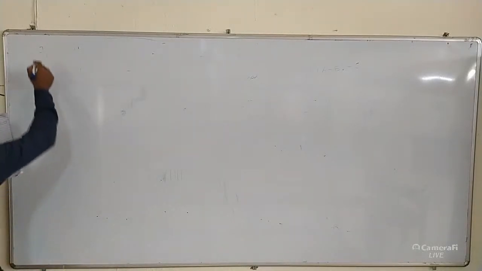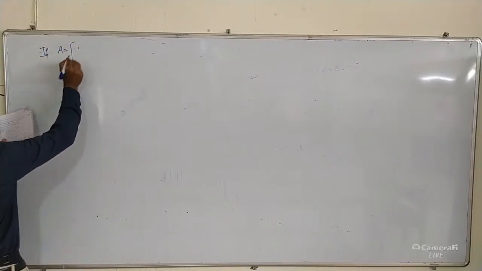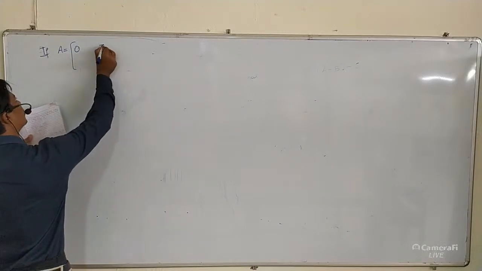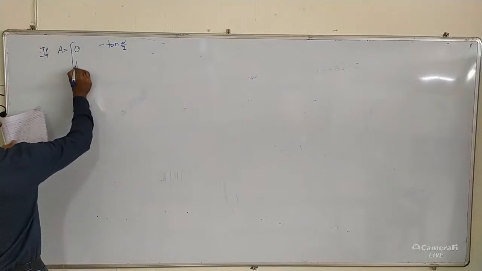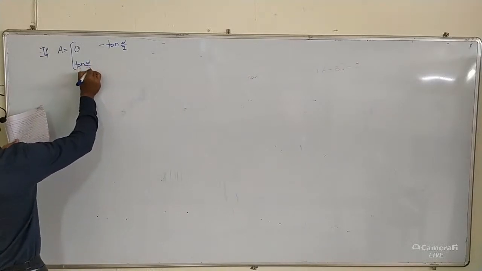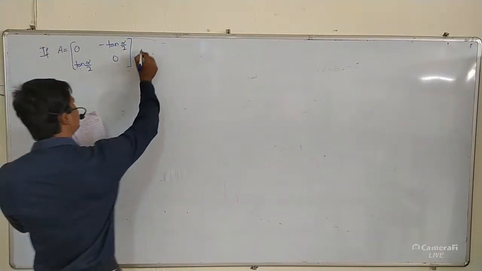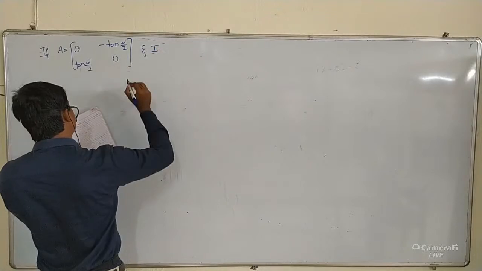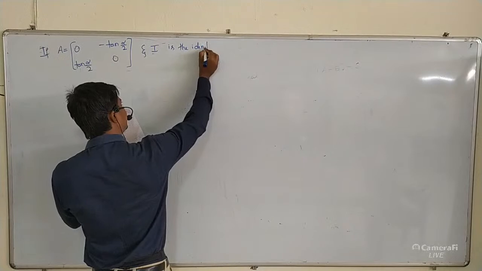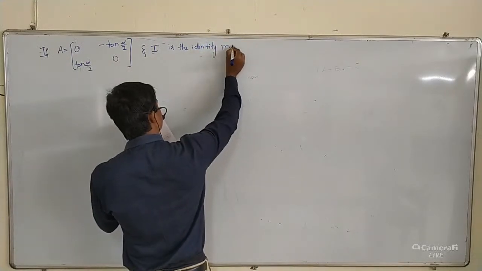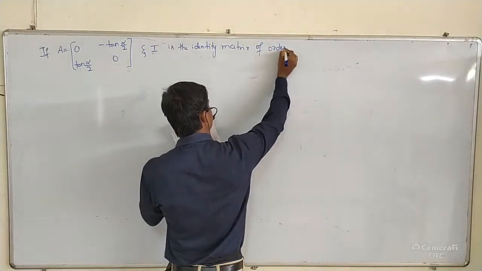Next question. If A is equal to [0, minus tan alpha by 2; tan alpha by 2, 0]. We are given A matrix and capital I is the identity matrix of order 2.